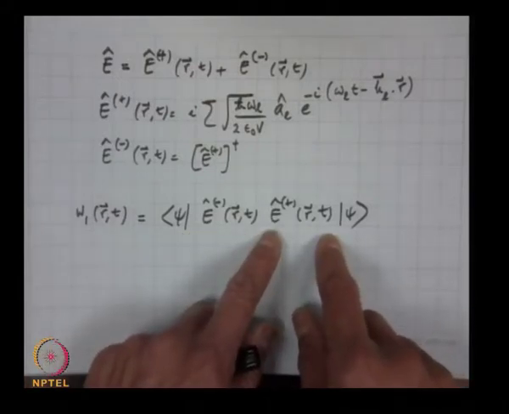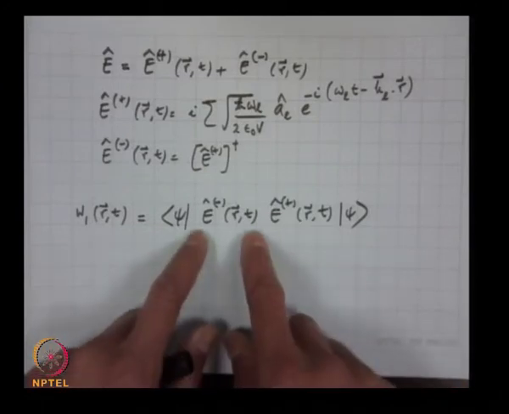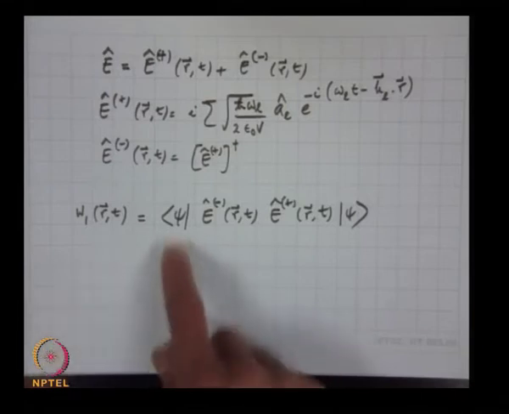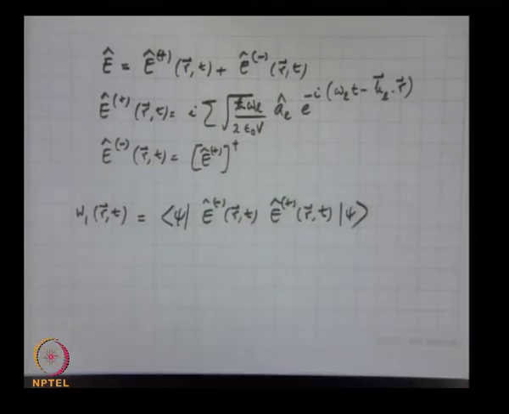This is called normal ordering. So if you are given a state psi and you know the modes, to calculate the probability of photoionization, which means the probability of photodetection, you need to use this expression.